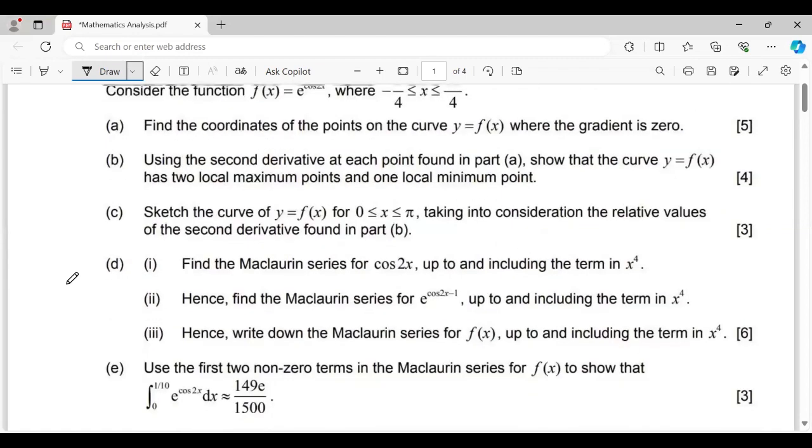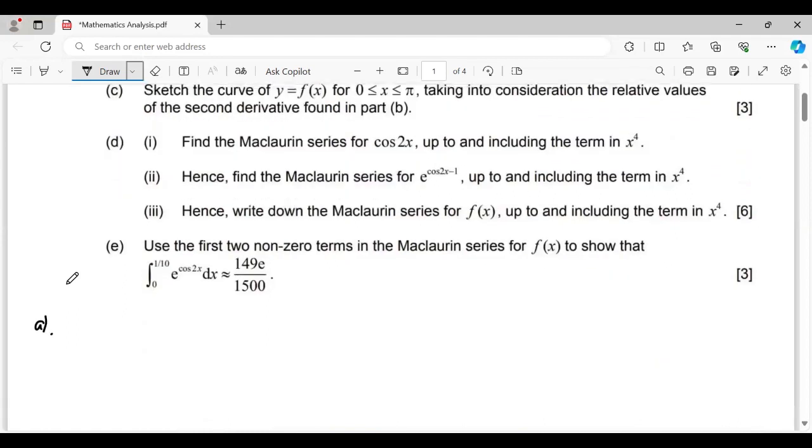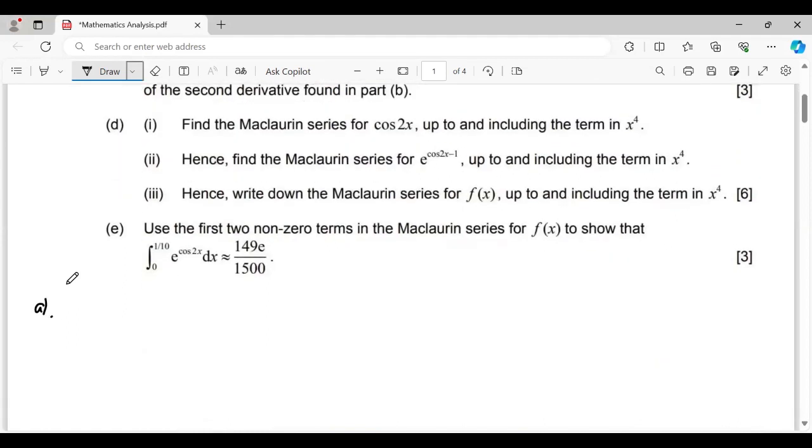A, find the coordinates of the points on the curve y equals f(x) where the gradient is 0. Well, if the gradient is 0, it means dy/dx equals 0, or the derivative equals 0.